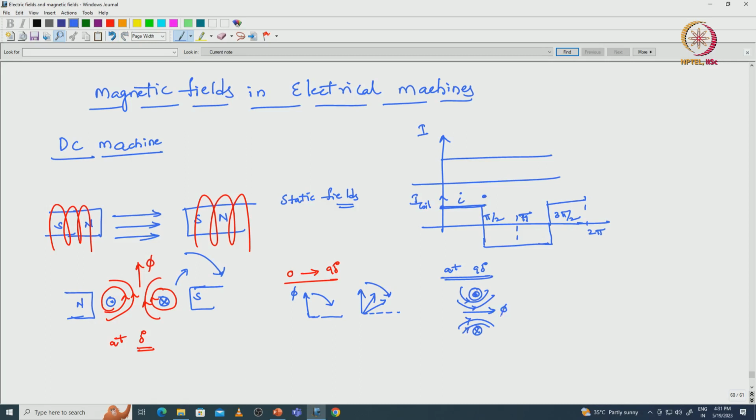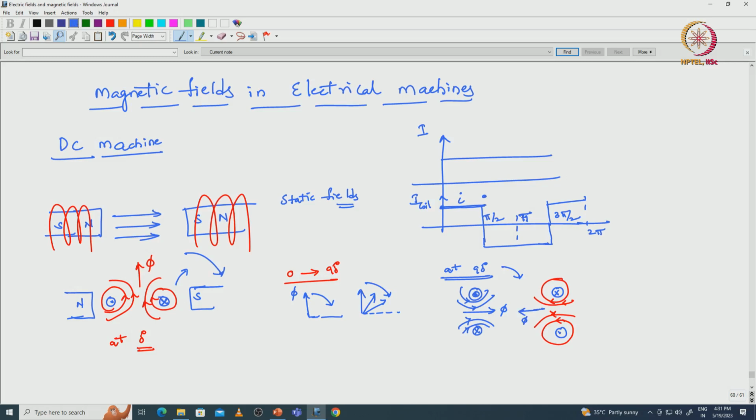But at this particular point we are changing the current direction, that means this side cross and this side dot. Okay. Here the magnetic field lines, cross means clockwise, dot means anti-clockwise. So the resultant flux is in this direction, it is reversed.